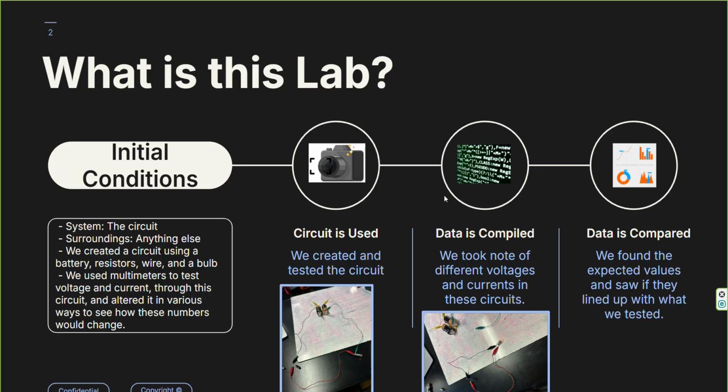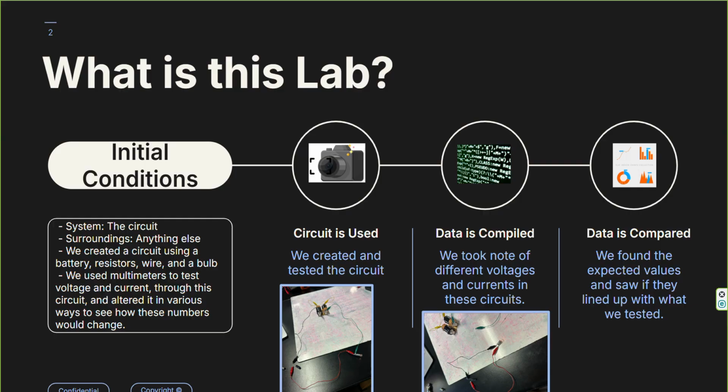So what is this lab? Well, this is a lab where we took a battery, a couple resistors, wire, and a light bulb, and we hooked them up in different circuits in series and parallel, and then used multimeters to test the voltage and the current, the change in voltage across different areas of this circuit and the current through different loops and whatnot.